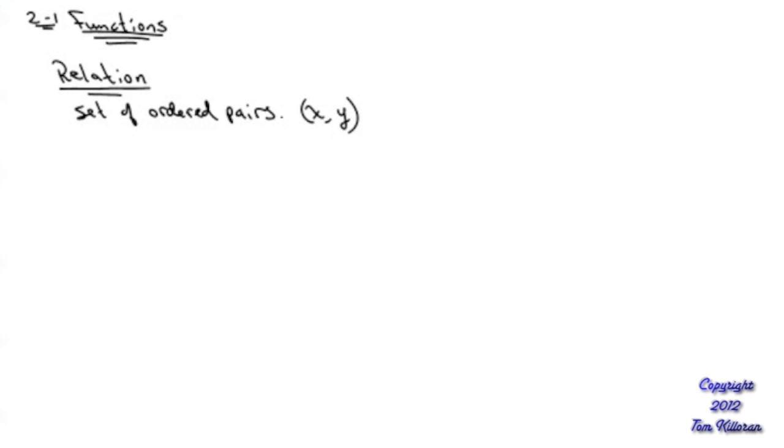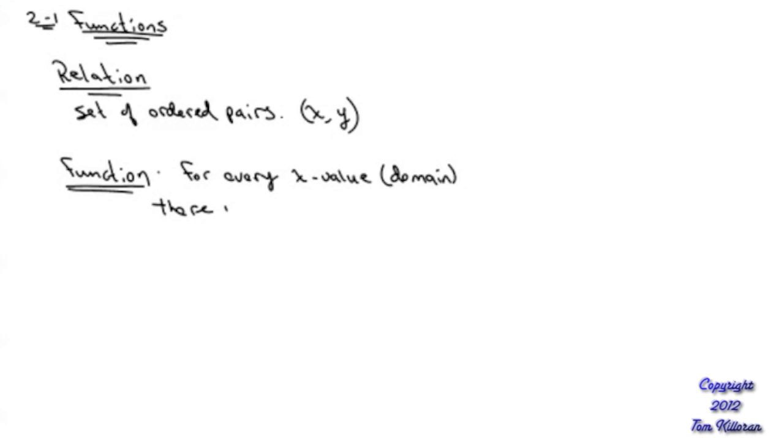A function, on the other hand, has a little bit of organization to it. And it's very clear what you have to do with a function. The formal definition is, for every x value, also known as the domain, there is only one y value.